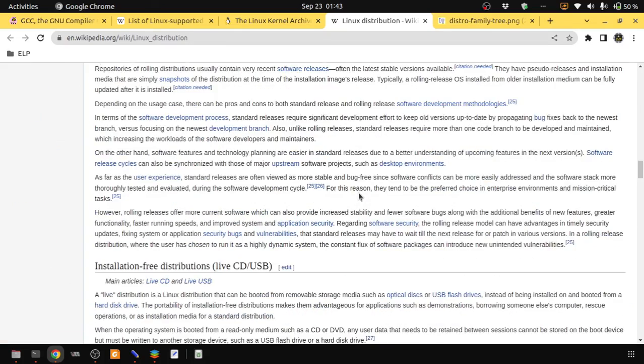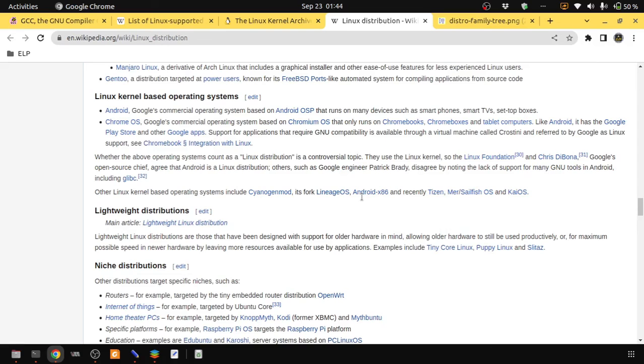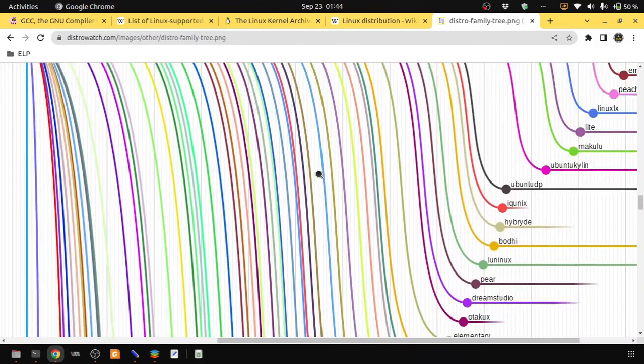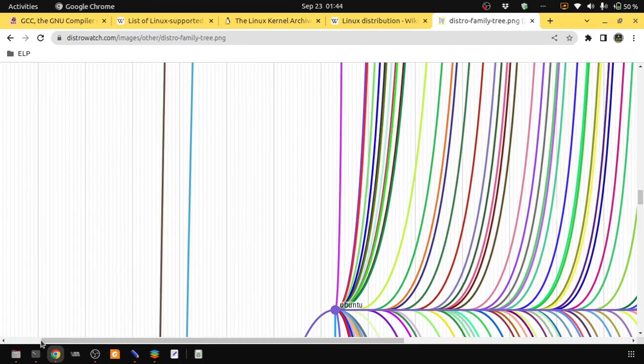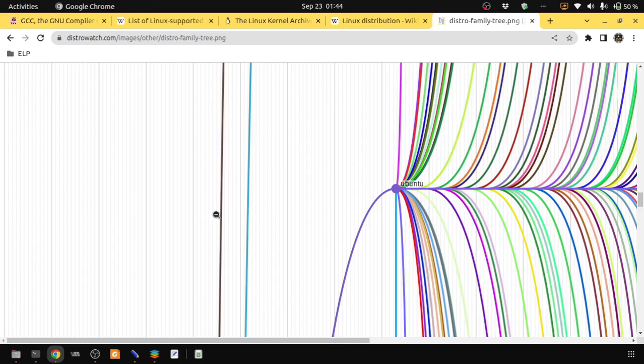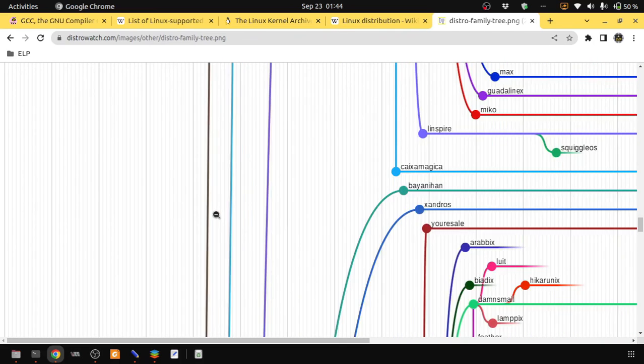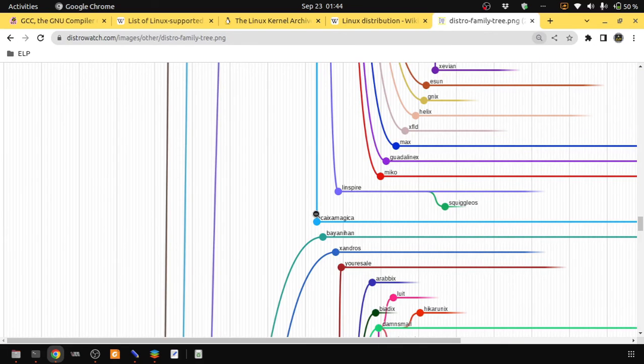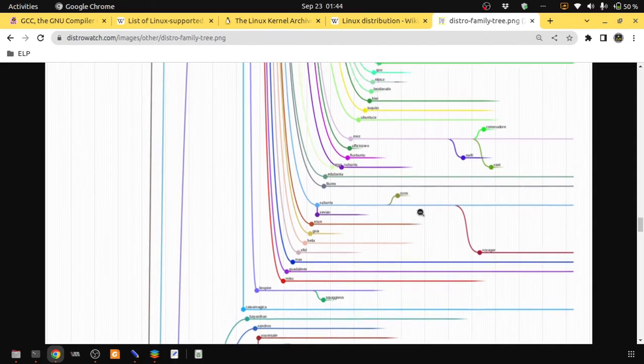But what we need to understand with respect to distributions is that there are some distributions like Ubuntu, for example, that are very familiar to people who want to use the system, like those who want to migrate from Windows and start working on Linux. So Ubuntu gives you that freedom or ease of use, I would say.